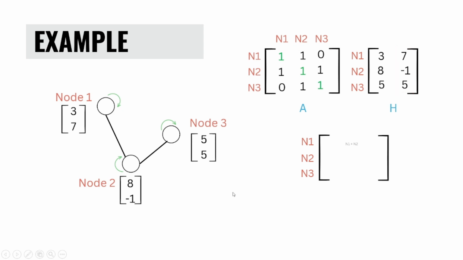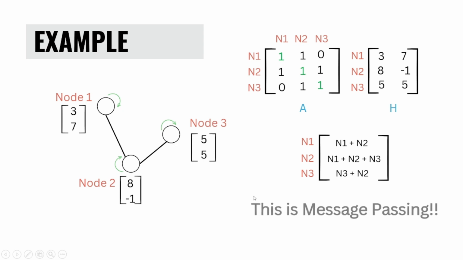And the same thing is happening for the other nodes as well. This means that the node retains the information of itself and its neighboring nodes. Node 2 retains the information of itself and its neighboring nodes, node 1 and 3. Node 3 retains the information of itself and its neighboring node, node 2. This is message passing. This ensures that the features of itself and its neighboring nodes are captured.